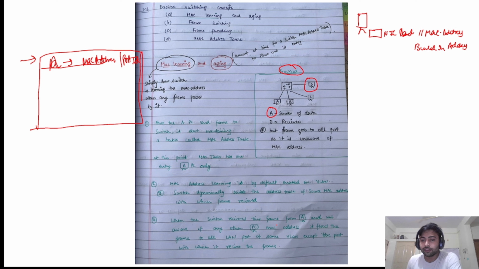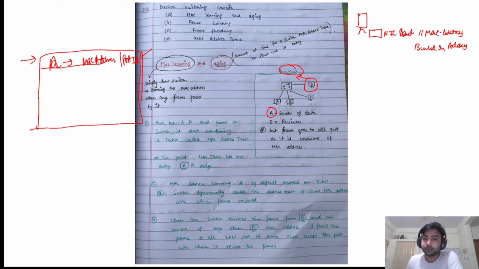When the switch receives this frame from A and is not aware of any other PC's MAC address, it floods the frame. As the switch has just booted up and has only one entry in the MAC table, it will flood this frame to all the ports, and whichever is the destined port will reply.